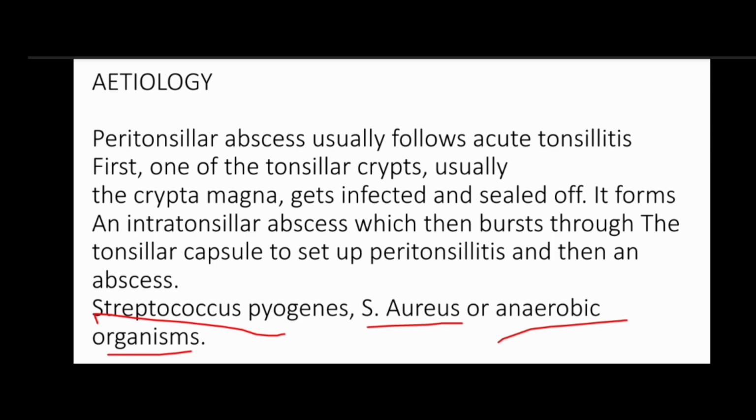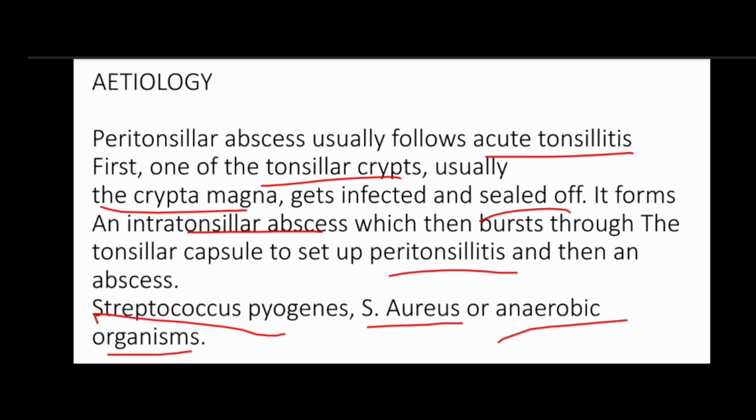Peritonsillar abscess usually follows acute tonsillitis. One of the tonsillar crypts, which we already saw in anatomy, the crypta magna, gets infected and sealed off. It forms an intratonsillar abscess, which then bursts through the tonsillar capsule to set up a peritonsillitis and then an abscess.